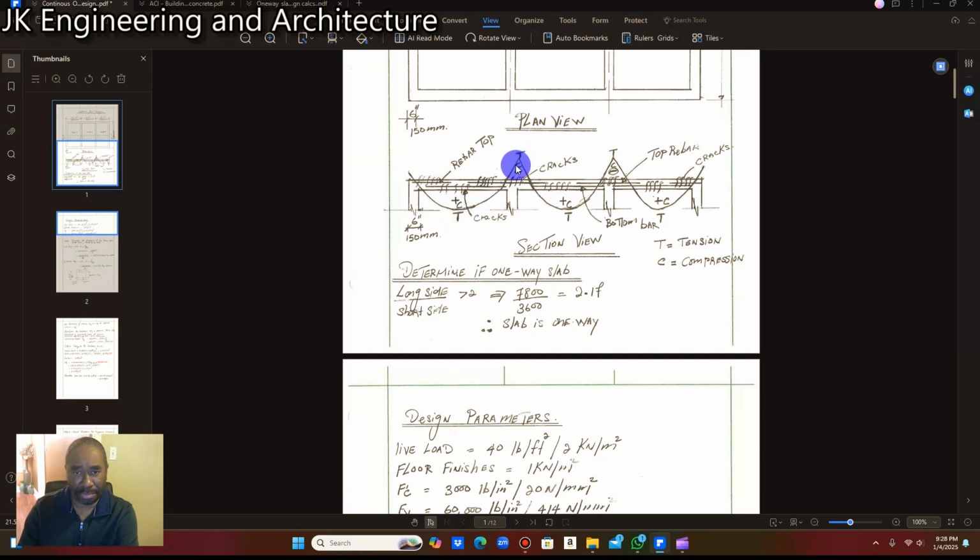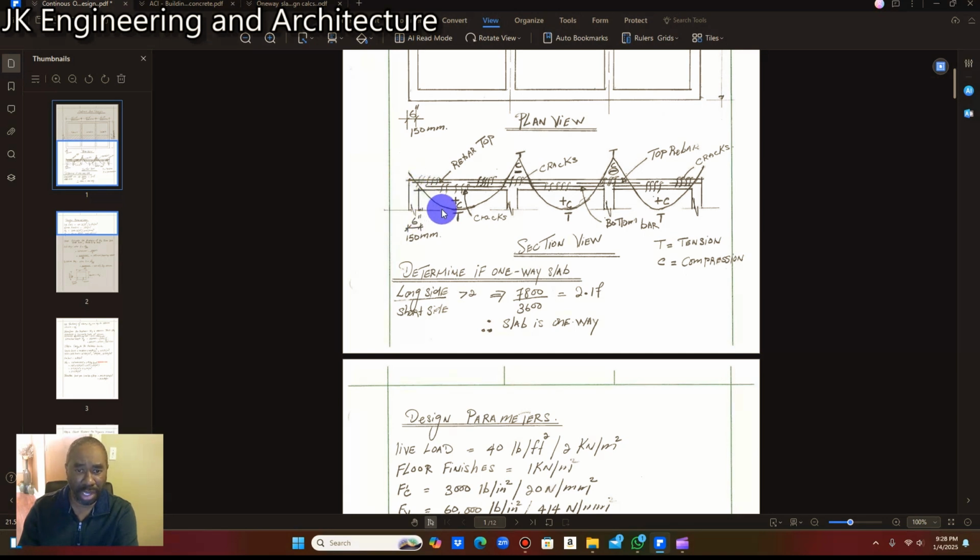We call this top part hogging, and the bottom part sagging. So it goes up, goes over the support, comes down again, goes up over the support, comes down again, and comes up to the last span here and then goes up. That is what we call a moment distribution.